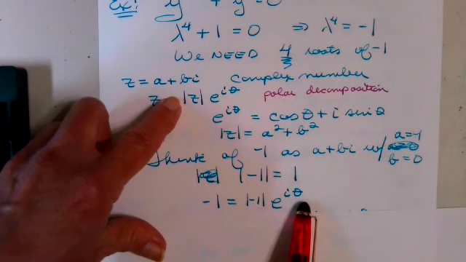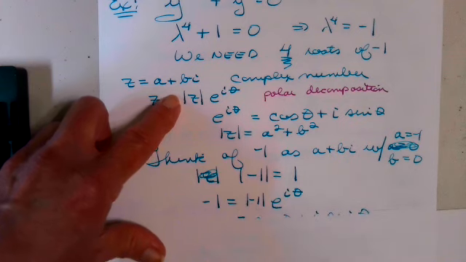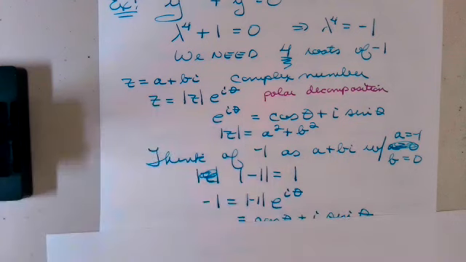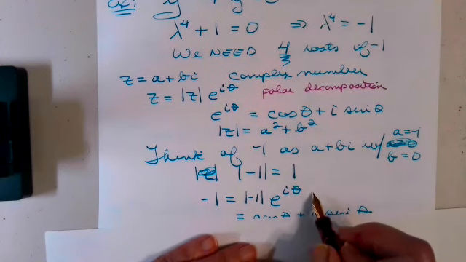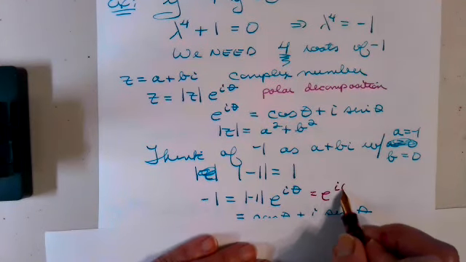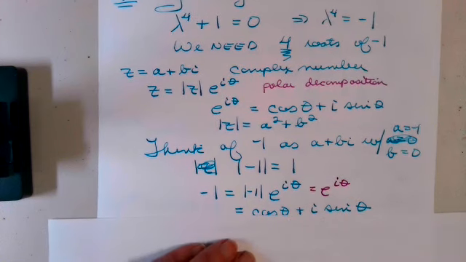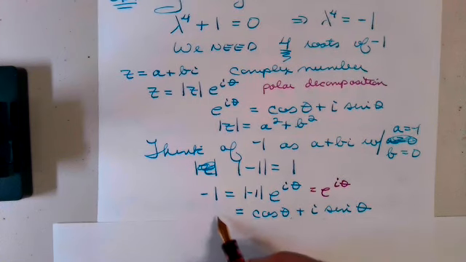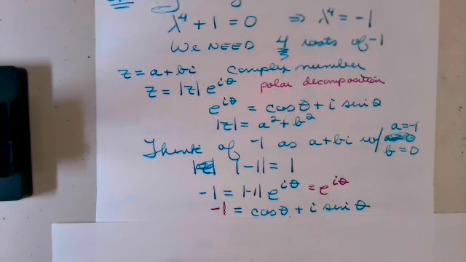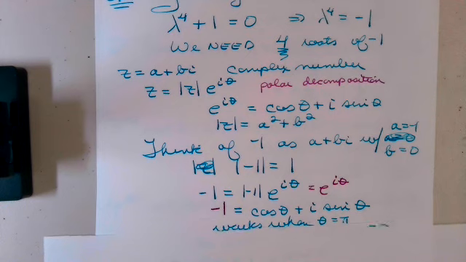And we've got to think about that for a minute. This one is 1. So this is equal to e to the i theta, which is cosine theta plus i sine theta. So you need to know your trig well enough to answer which value of theta gives you minus 1 when you write it this way.